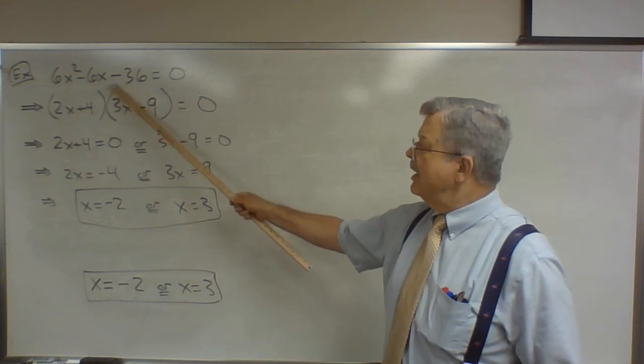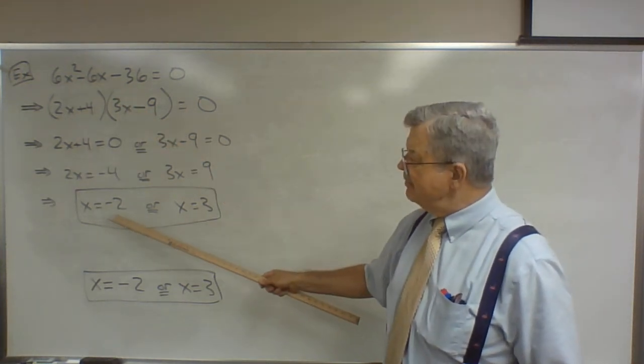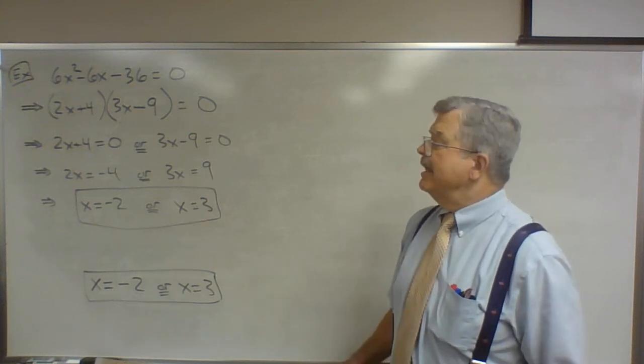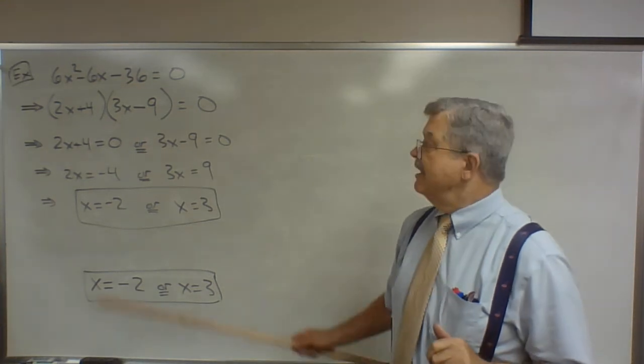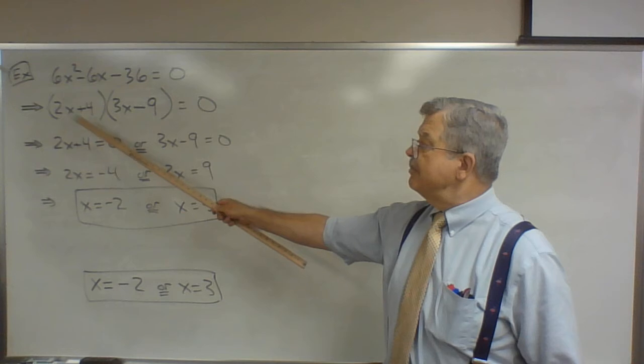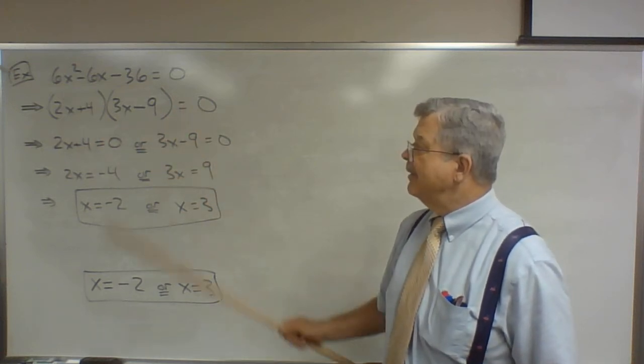when we have a quadratic equation, we expect to get two distinct answers. That's what we expect to get. And the reason is, if we were to solve this thing by factoring, we'd get the product of two factors equal to 0.